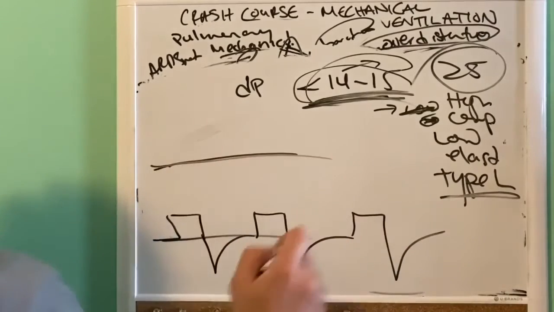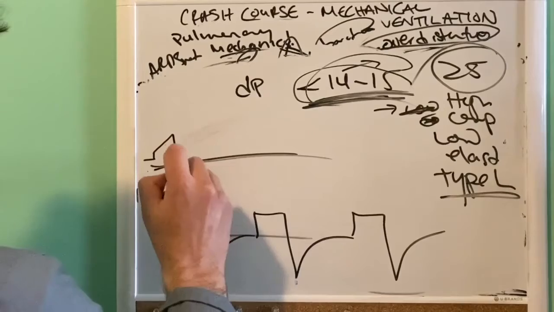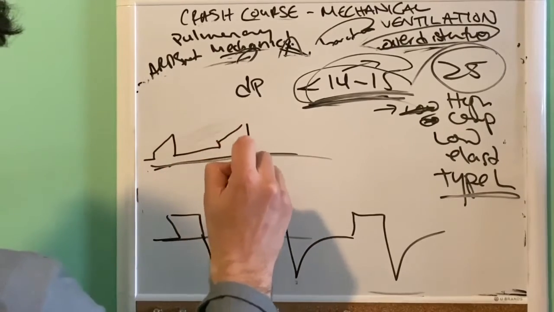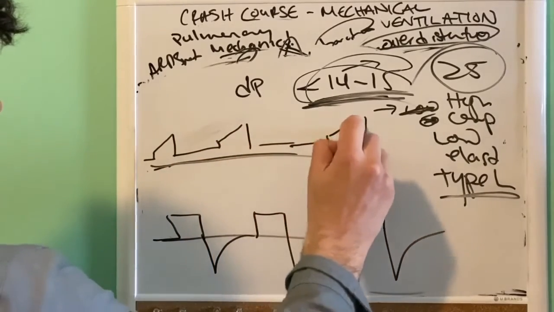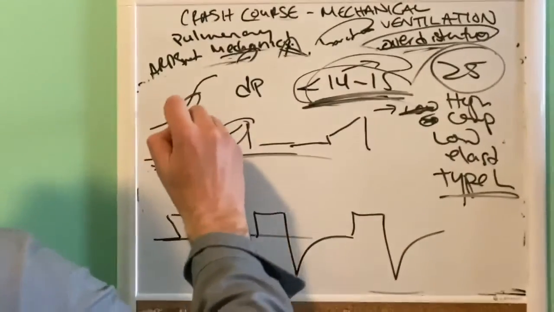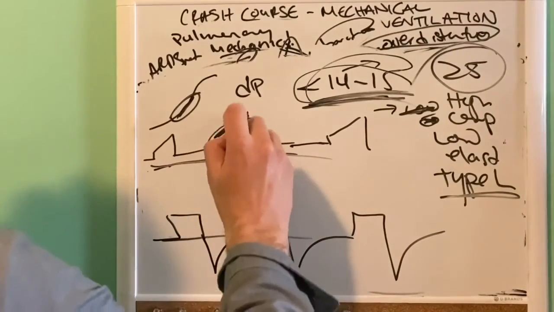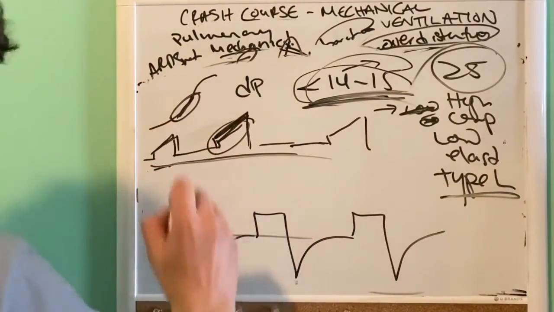All right. And we said it should look like this. So what you're seeing here is the linear portion of the curve, and that's why I said if these are healthy lungs and you're ventilating right, this is what you want to see.